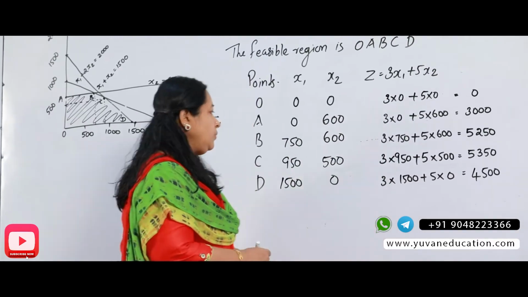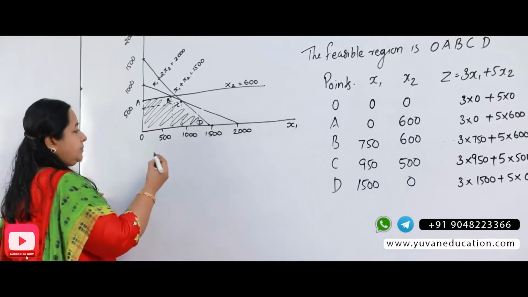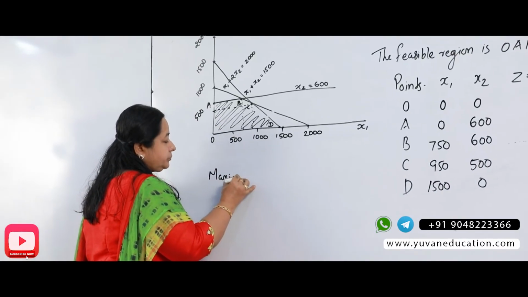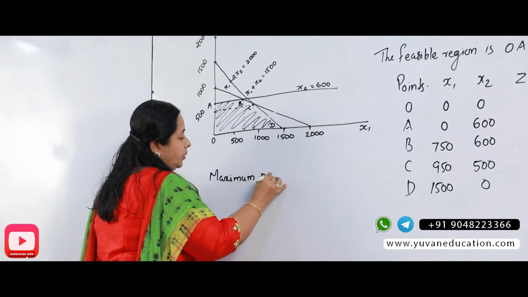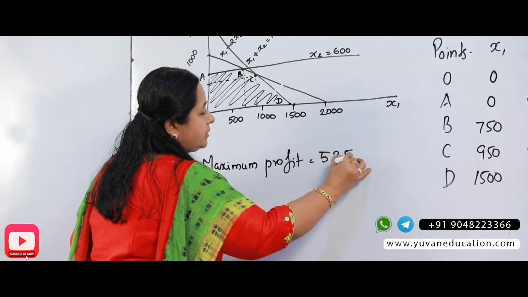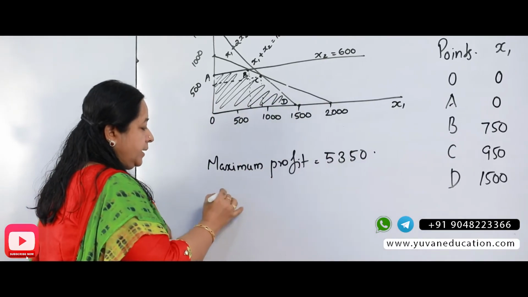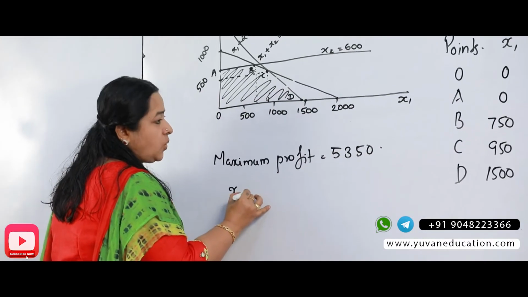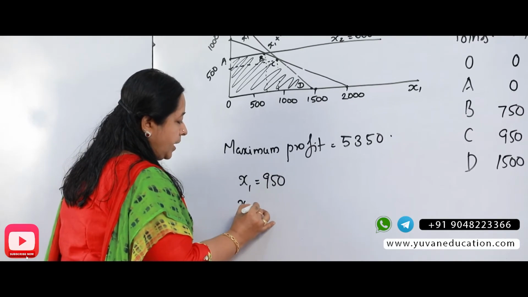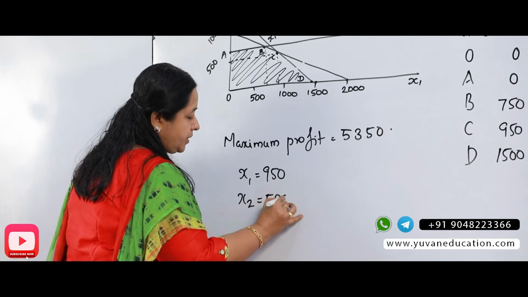5350. So we can write it like that: maximum profit is equal to 5350, x1 950 and x2 500.